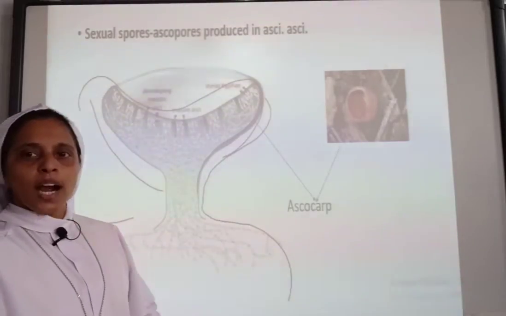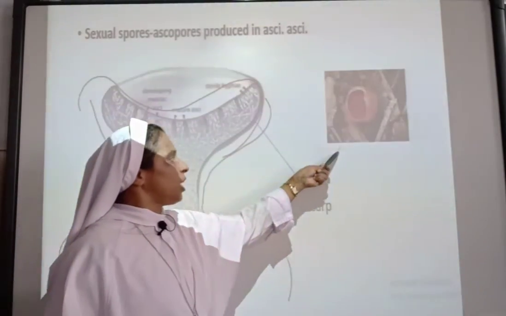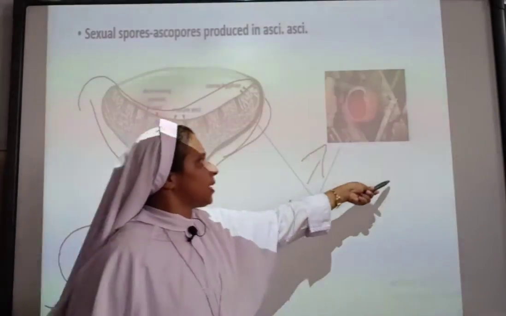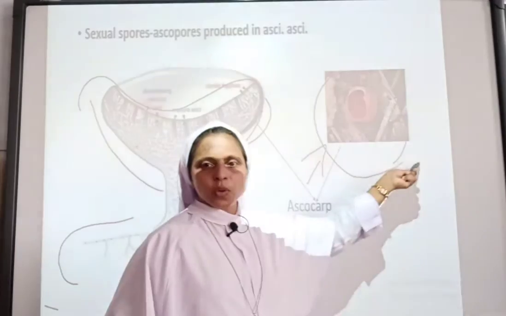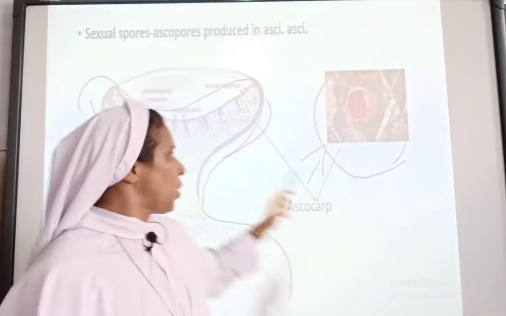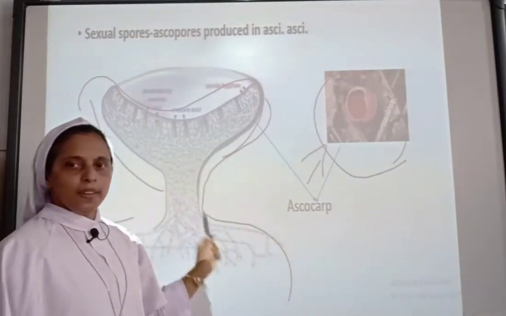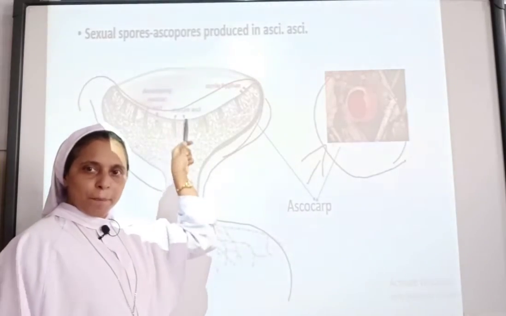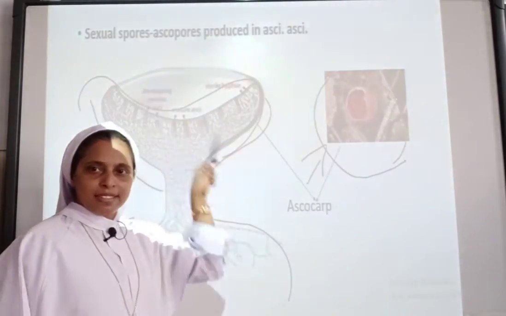And the ascocarp is formed here. This is the fruiting body, the ascocarp. You can see the image of the ascocarp. Is it clear? The longitudinal section of the ascocarp is also seen here. Ascocarp means a cup-like, sac-like structure.